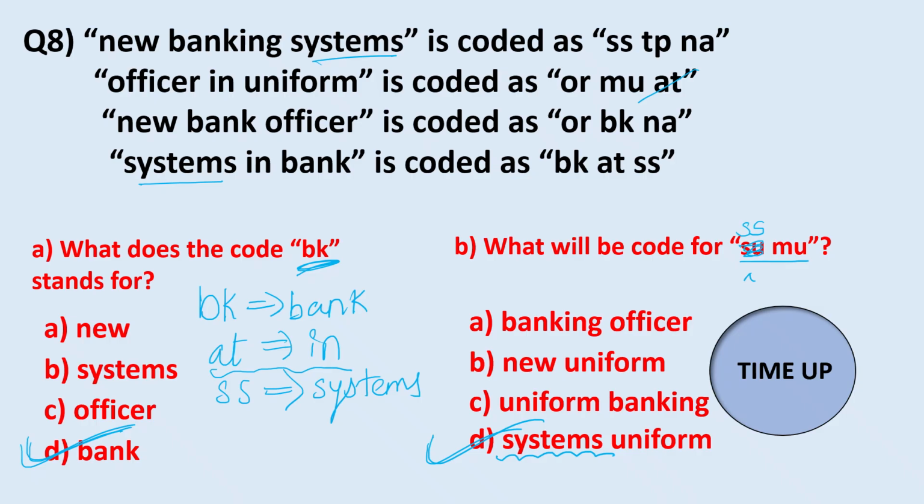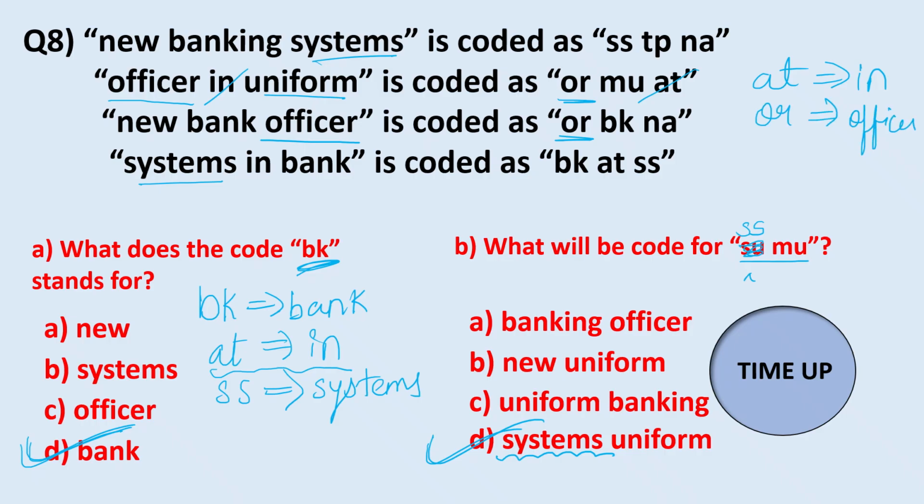Now we want the code for MU, but we have two words, correct? One is officer, one is uniform. At stands for in, that we have already decoded. Okay. Now or. So or is here. So officer is for or, correct?